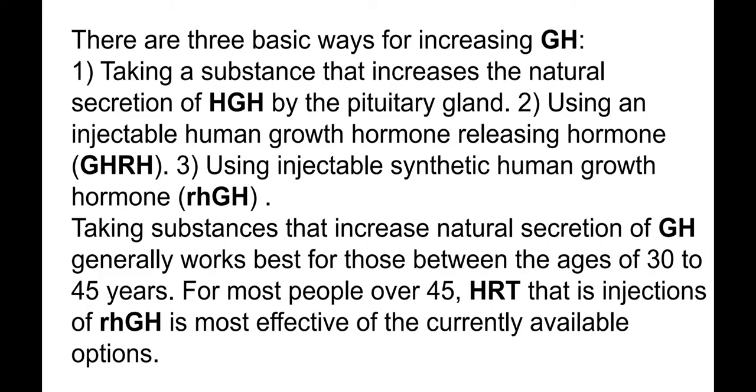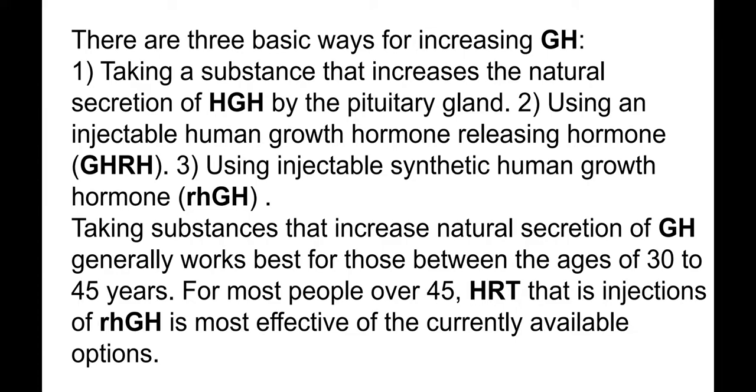Production drops. Okay, there are three basic ways of increasing growth hormone, naturally or unnaturally anyway. First, taking a substance that increases the natural secretion of human growth hormone by the pituitary gland. So there are natural substances which increase natural secretion of growth hormone. As I said in the beginning, the pituitary gland can produce growth hormone, no problem, but we have to give it a signal.